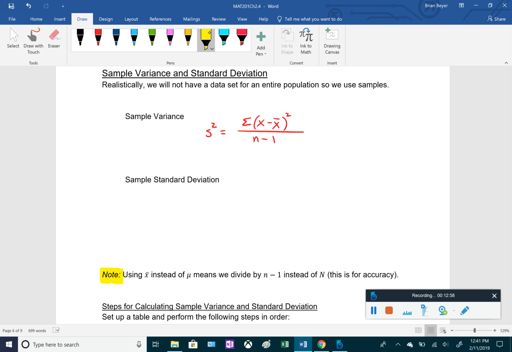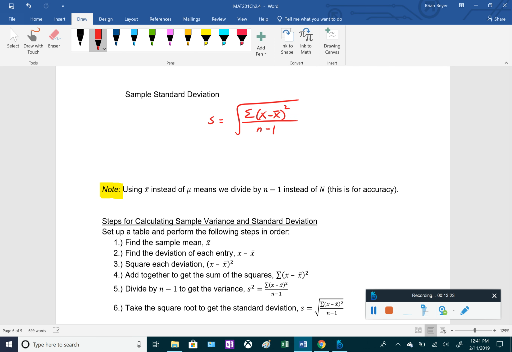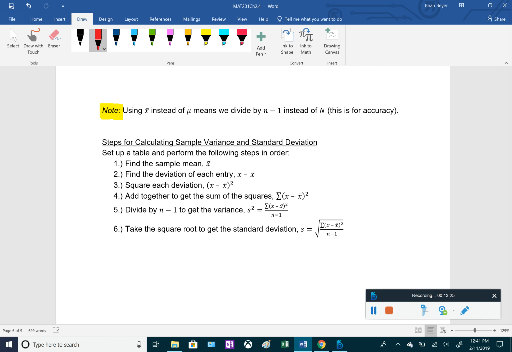So the sample standard deviation, s, is just going to be the square root of the variance once again, the square root of the summation of all of these squared deviations over n minus 1. We calculate it the same exact way, except divide by n minus 1 instead of n.